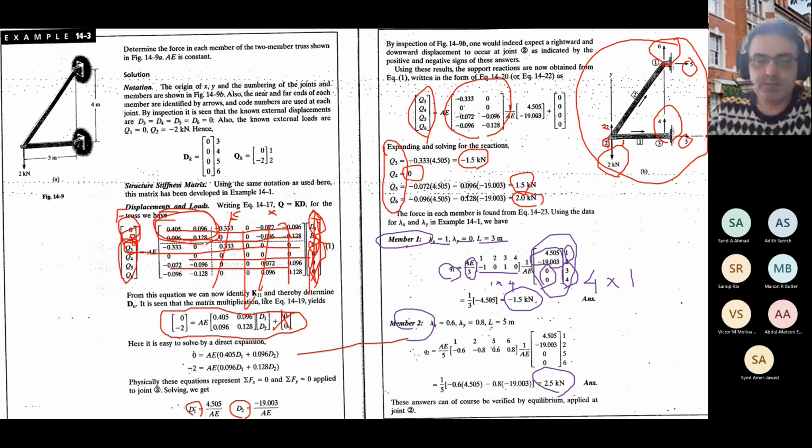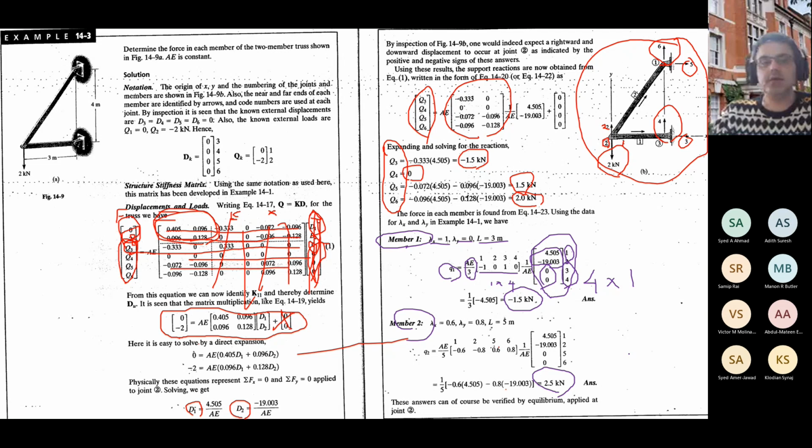So you don't have any shear, you don't have any bending moment. That's why you're just calculating Q1 and Q2 for your elements number 1 and 2. And with this step, you have already all the possible outputs from the analysis procedure.